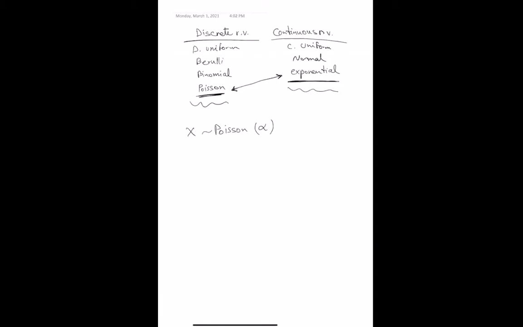When you say number of calls made to a call center, those are discrete. You can say 1 call, 2 calls, 3 calls, or more. The number of customers that have arrived at Starbucks or a store is a discrete random variable as well.